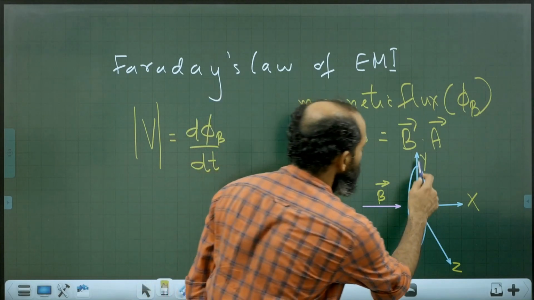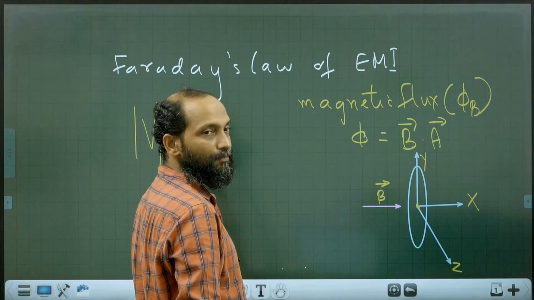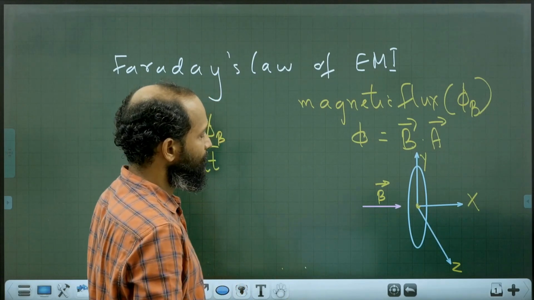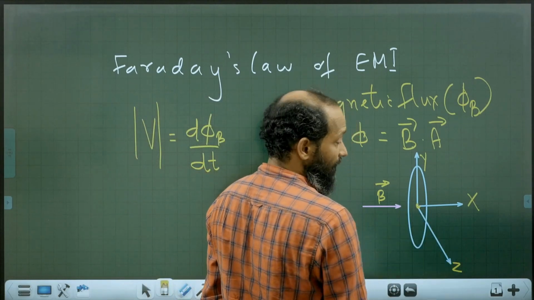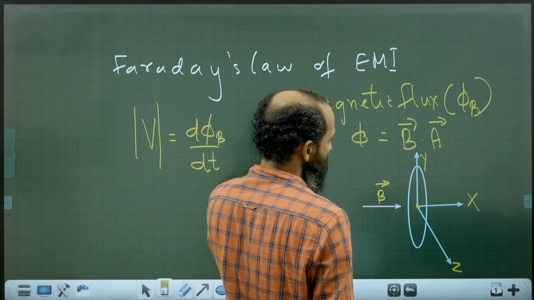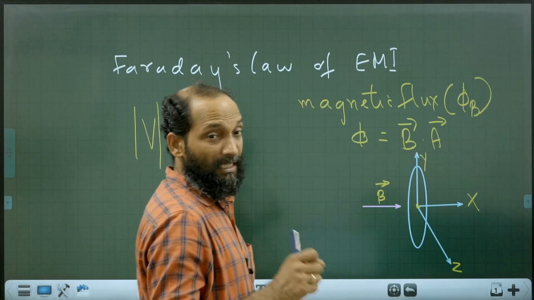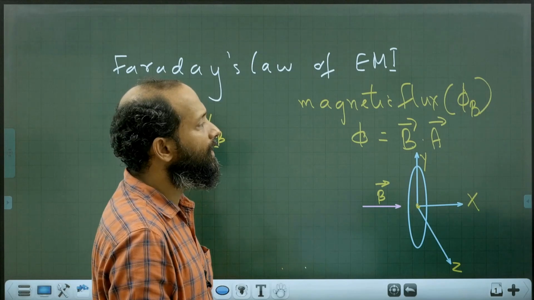Then the angle between flux density and area vector is 0 or 180. That is why the flux is maximum.